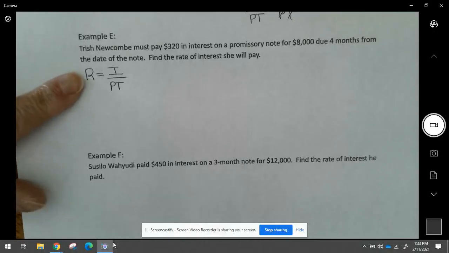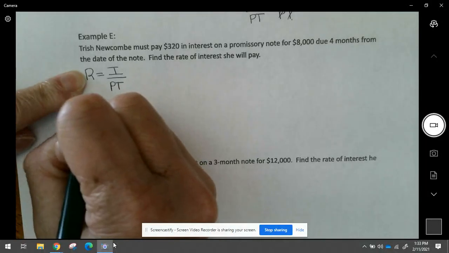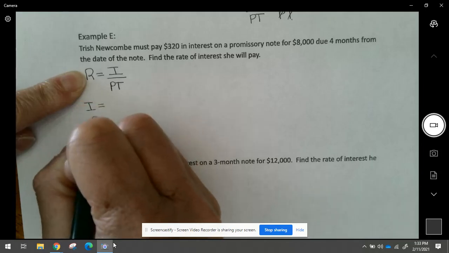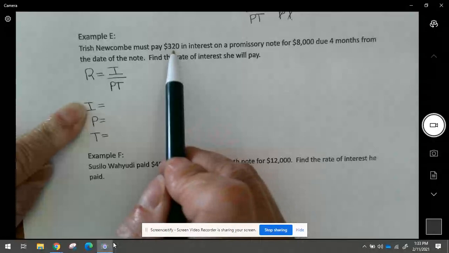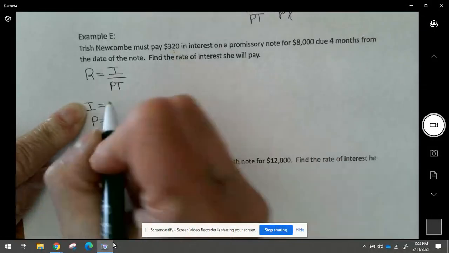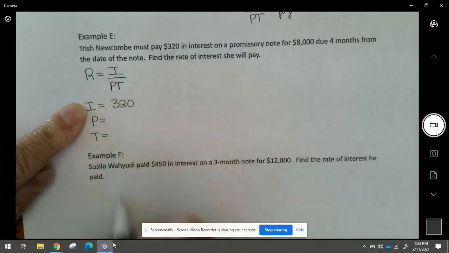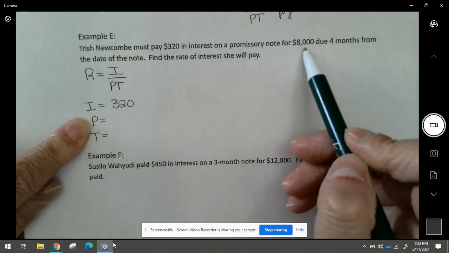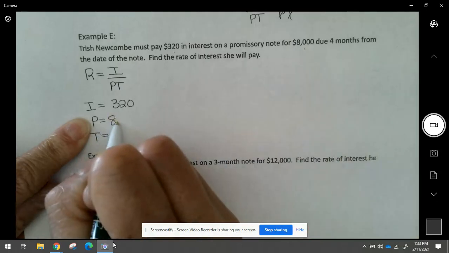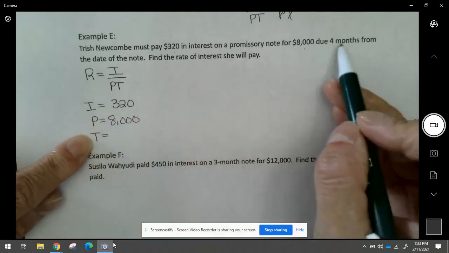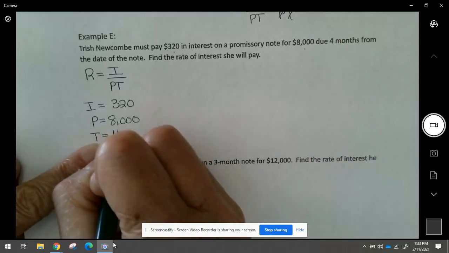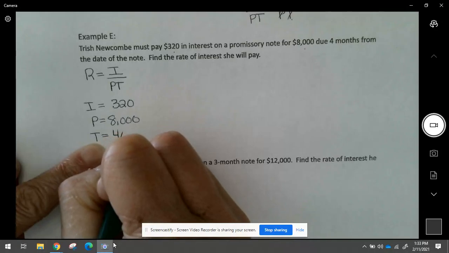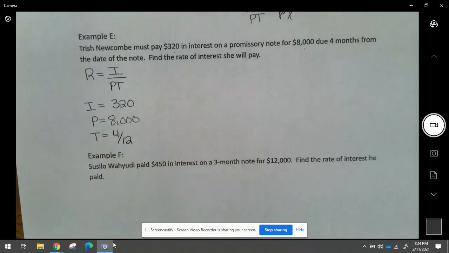Since rate is our missing value, we're going to write down the values that we know. The interest she's going to pay is $320. The principal was $8,000. And the time is 4 months, so we're going to put 4 divided by 12 because it's 4 out of 12 months.